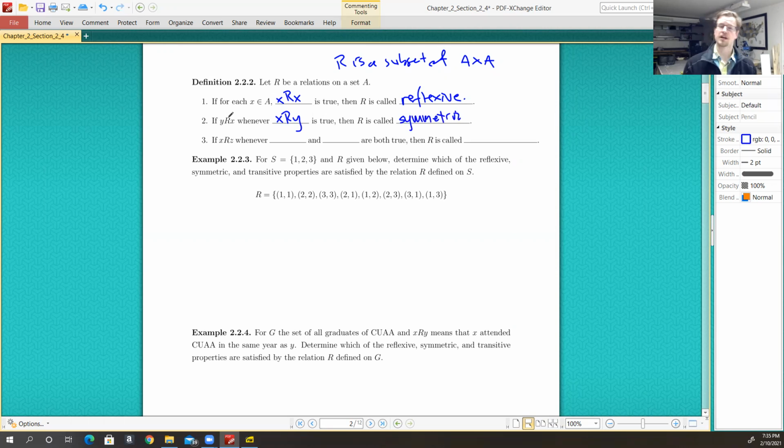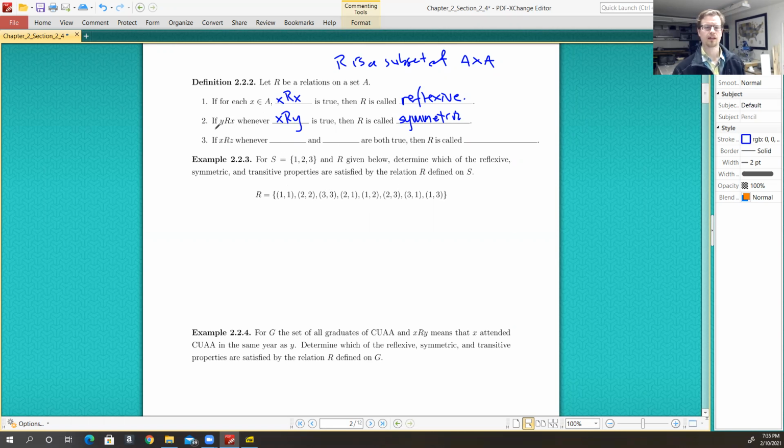Notice here we have the symmetry over R. If we know that x is related to y, so we're given that, it's symmetric if y is also always related to x. So whenever x is related to y, (x, y), if we know that y is also related to x, then it's called symmetric.